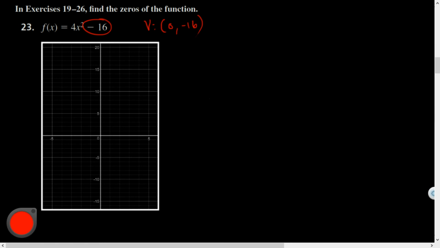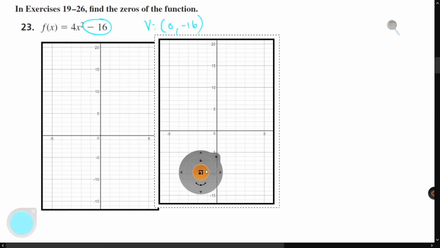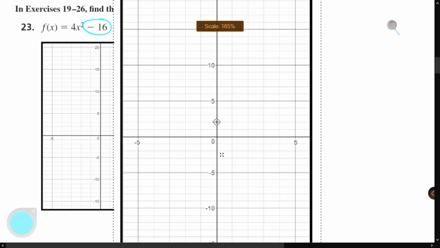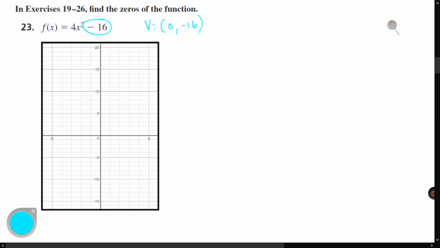Let's plot that point. Oh, man. Let me see if I can find a better graph for me. I want to try to make a graph where I can actually see what's going on. Let's invert colors. I just want to make a larger... will I end up seeing these? No. Still working on it, friends.